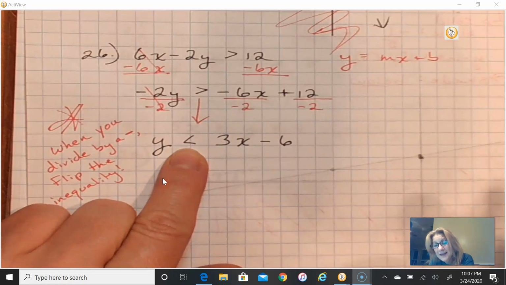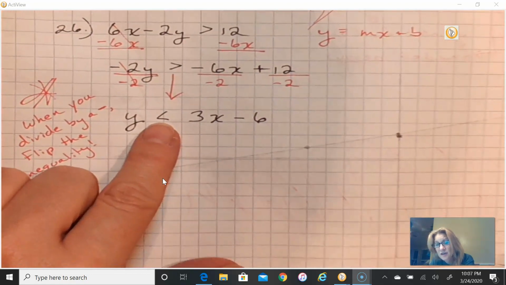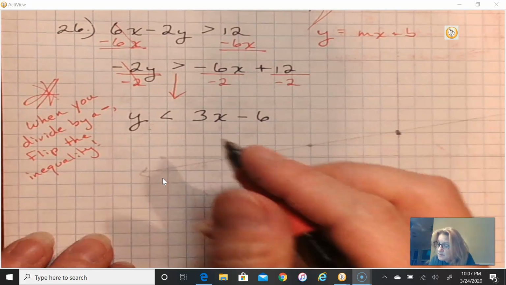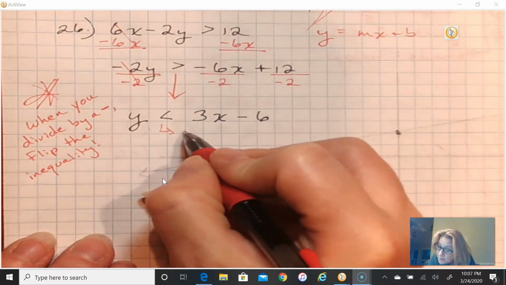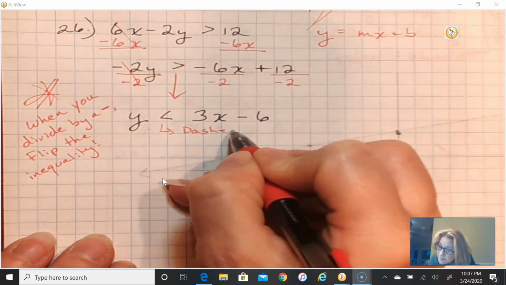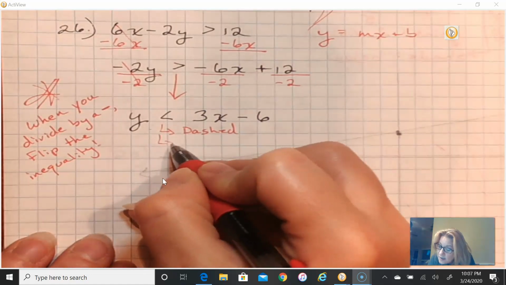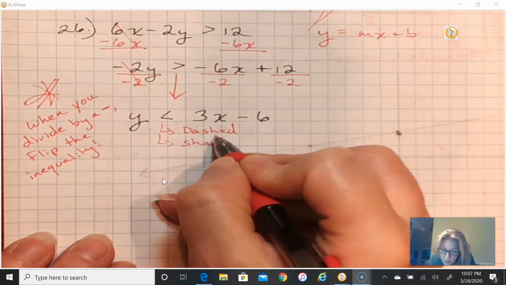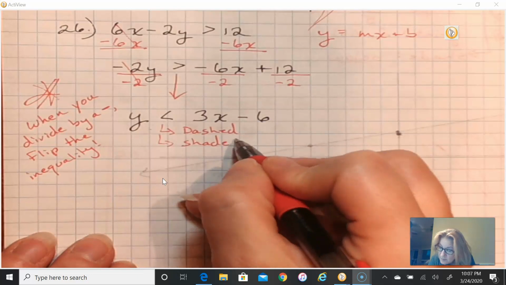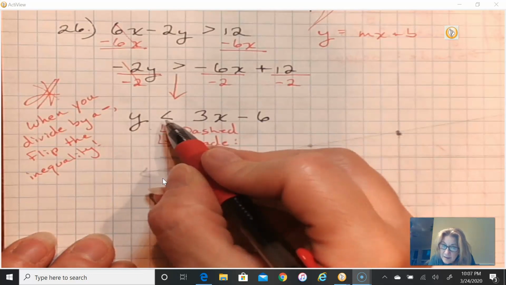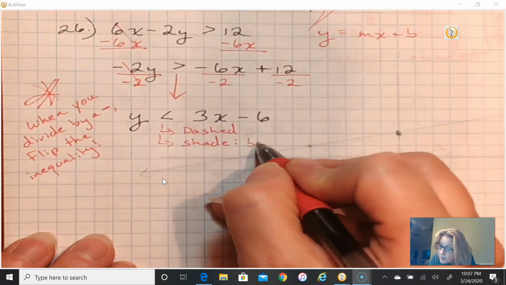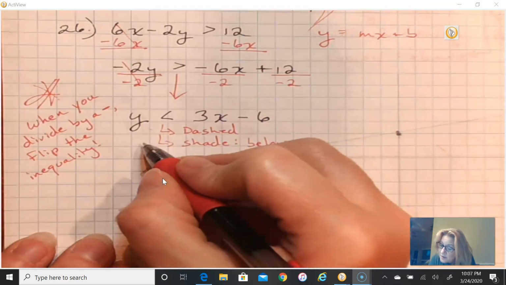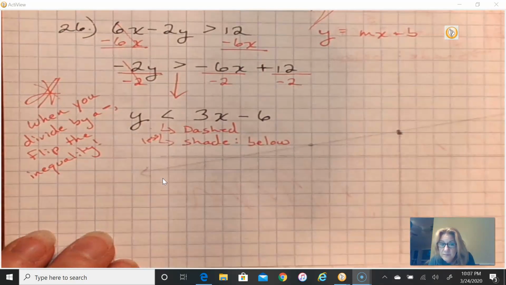All right, so question. Is the line going to be dashed or solid? It's going to be dashed. Are we shading below or above? That's less than, again, so we shade below because it's less.